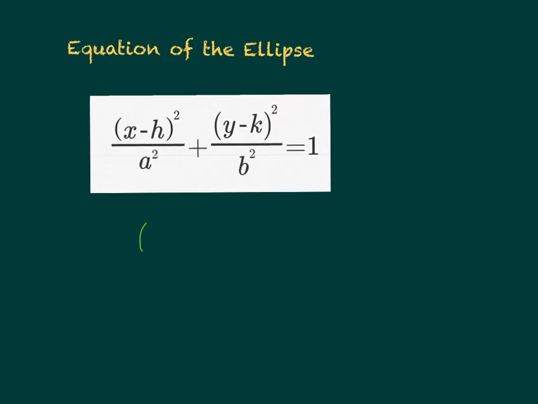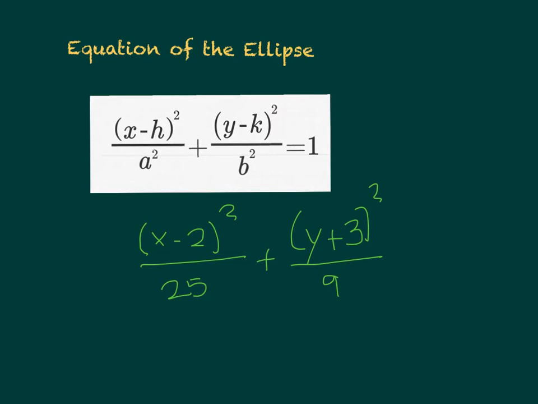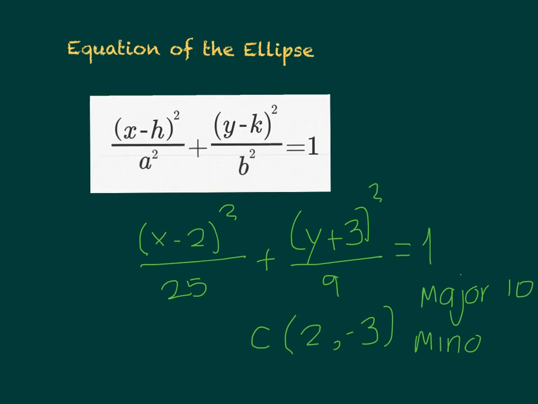So, for example, if we have an equation which is (x minus 2) squared over 25 plus (y plus 3) squared over 9 equals 1, you will have to know that the center is at (2, negative 3), that it has a major axis of length 10 and a minor axis of length 6.